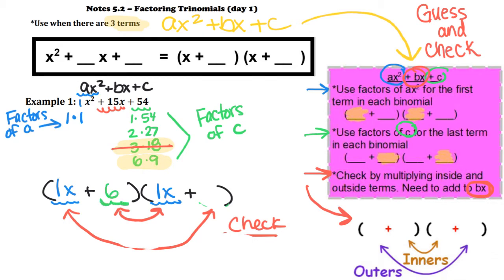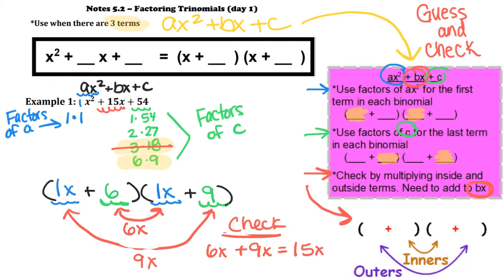So I'm going to put the 6 and the 9 in the second spot of my answer. And I'm going to multiply the insides. That's 6 times 1x, or 6x. And 1x times 9 is 9x. So here's my check. 6x plus 9x is 15x. And guess what? That is what we want.